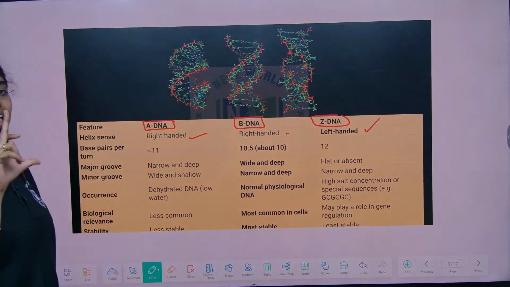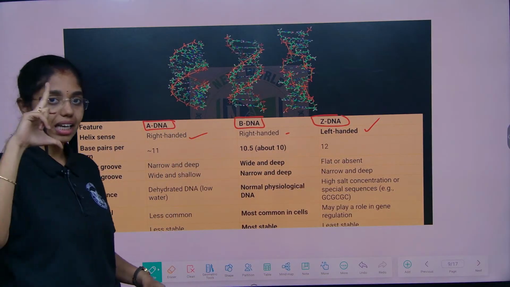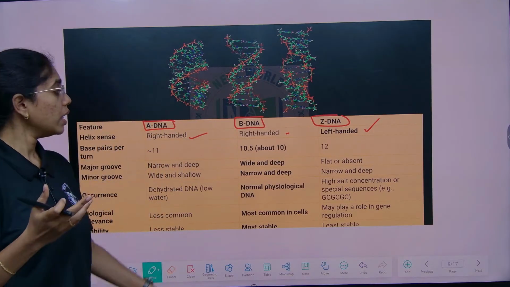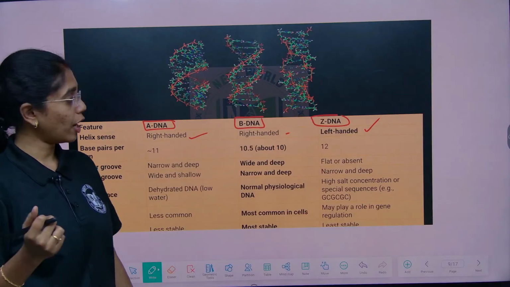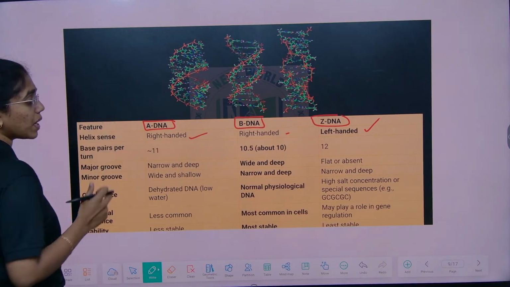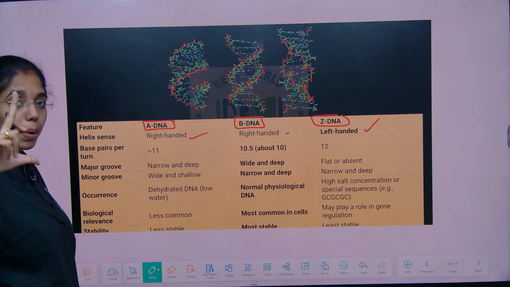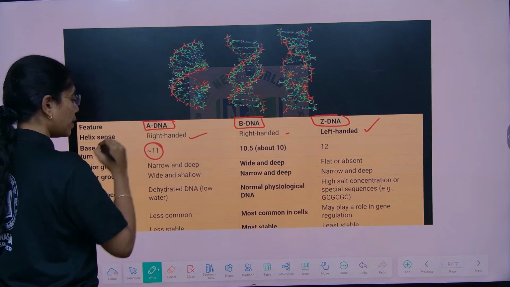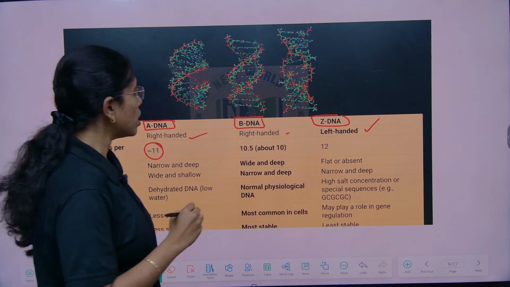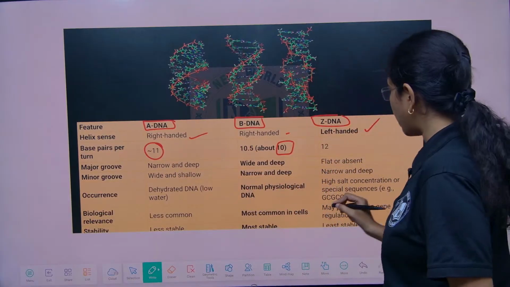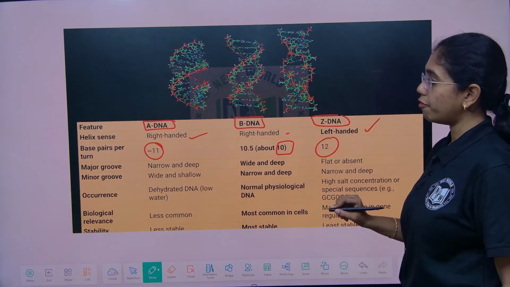In a single turn, that is addressed as a pitch of DNA, the length will be 3.4 nanometers, that is 34 angstroms. But how many base pairs are present in a single pitch or one turn of the DNA? A type of DNA will have 11 base pairs, B type, the stable form of DNA, will have 10 base pairs, Z type will have 12 base pairs.